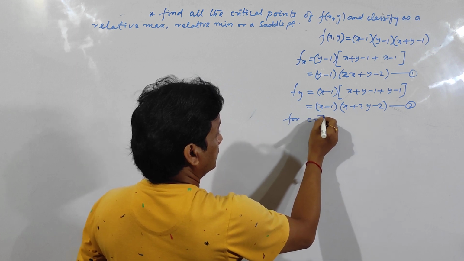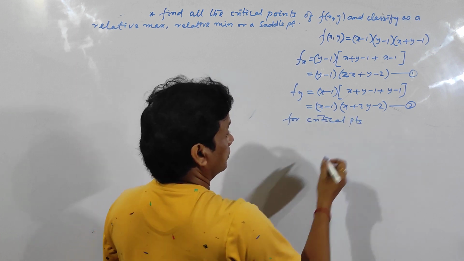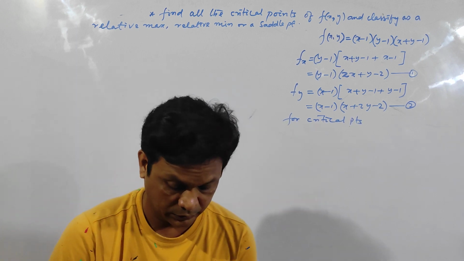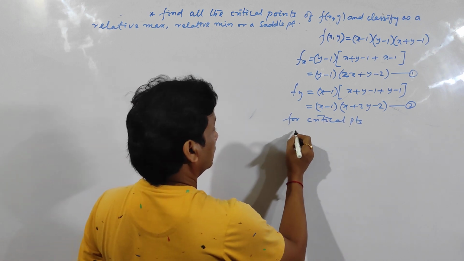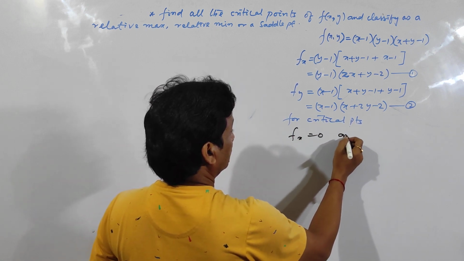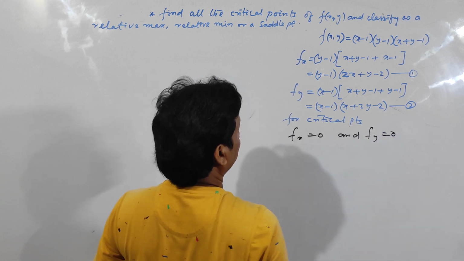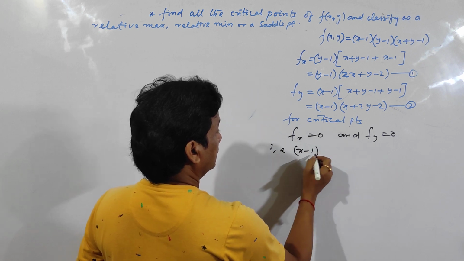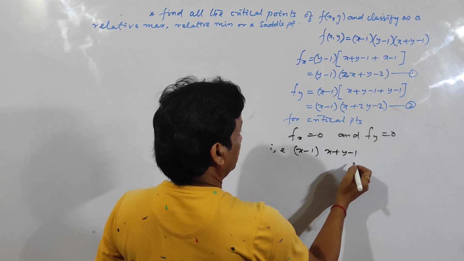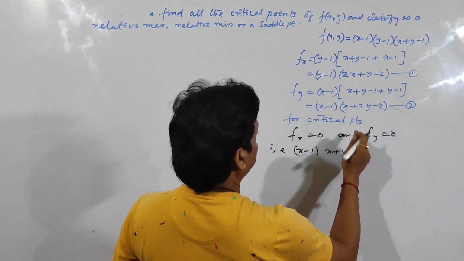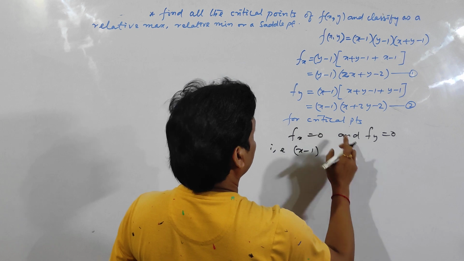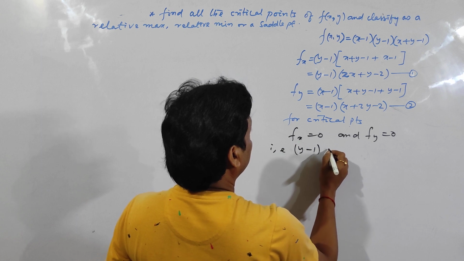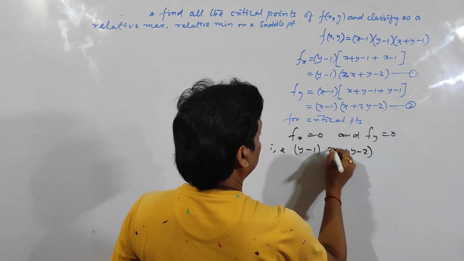Now for critical points, fx is equal to 0 and fy is equal to 0. So that is y minus 1 into 2x plus y minus 2 equal to 0.